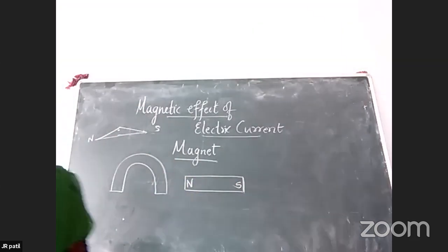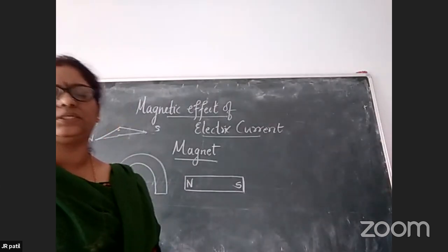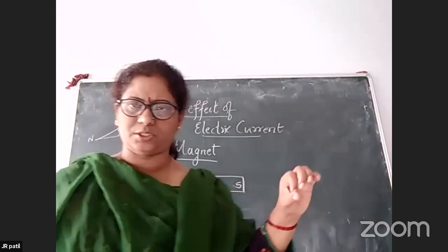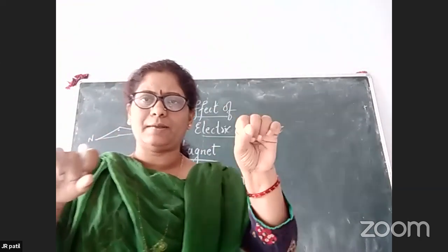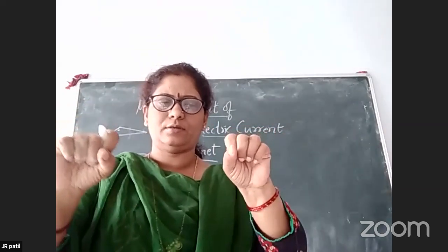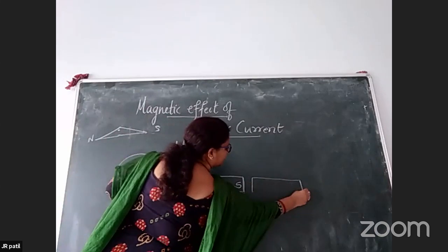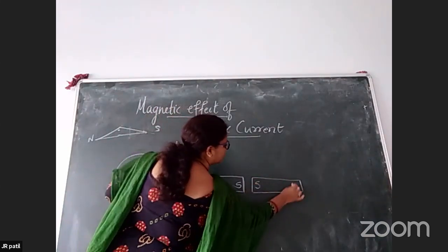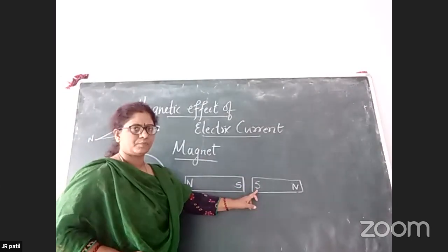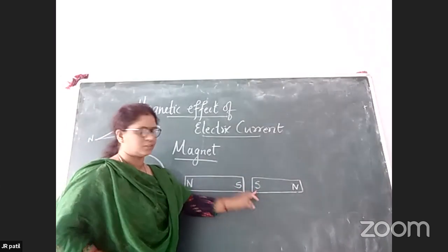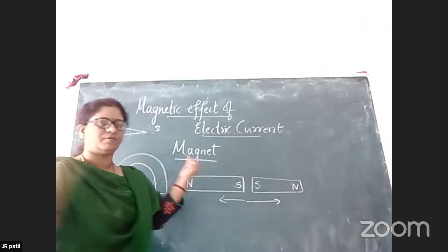And you should remember that like poles of the magnet will repel each other. Suppose you have two bar magnets. This is one bar magnet. This is another bar magnet. North, south, north. Now these two are like poles. South, south, they are like poles. If you bring them together, they will repel each other like this. They will go away.